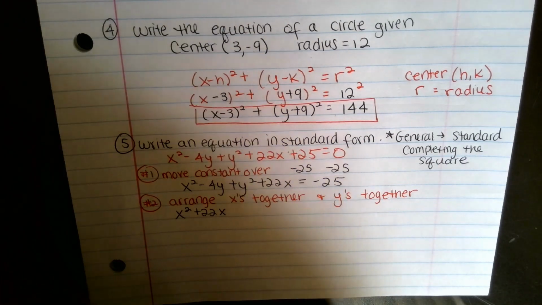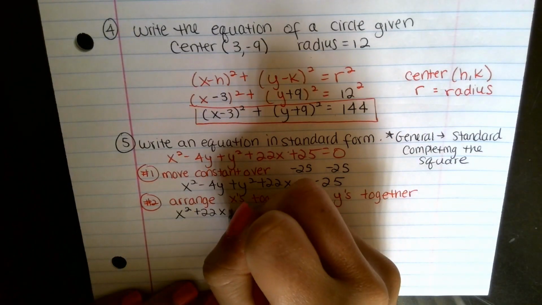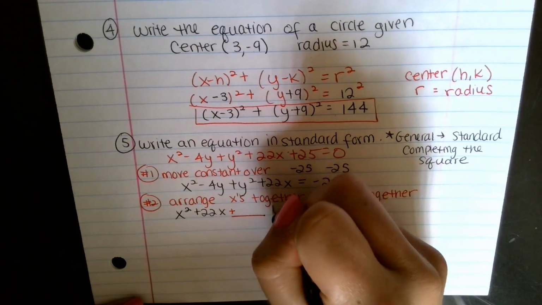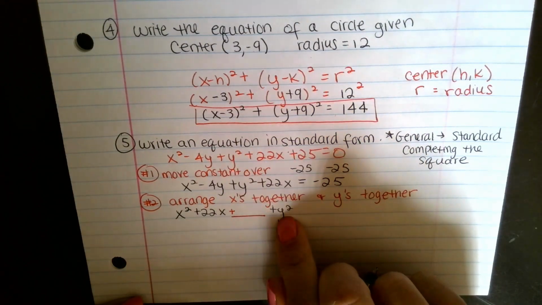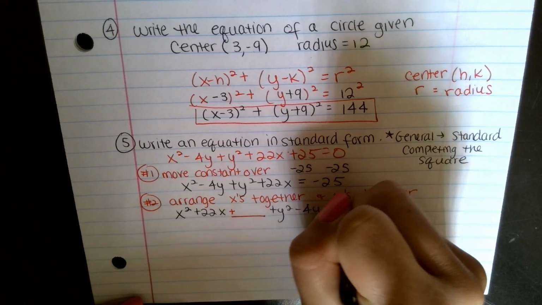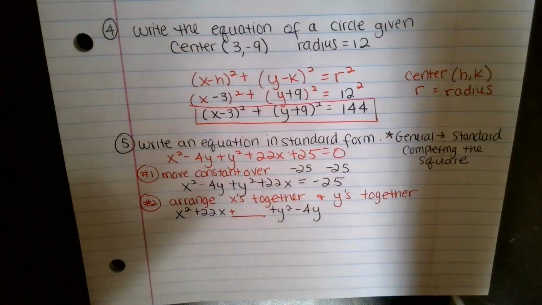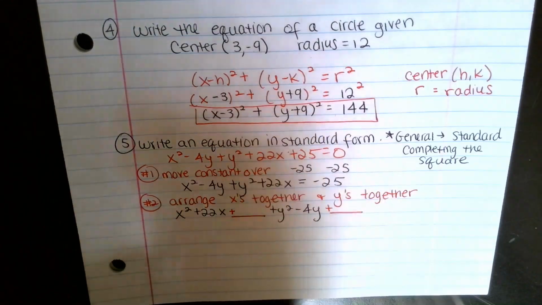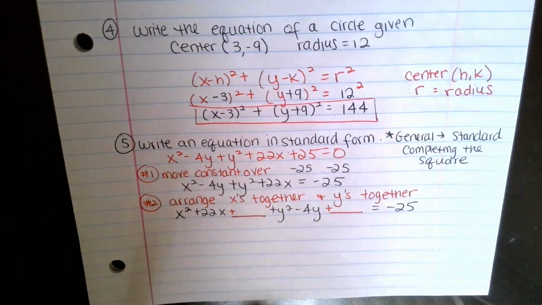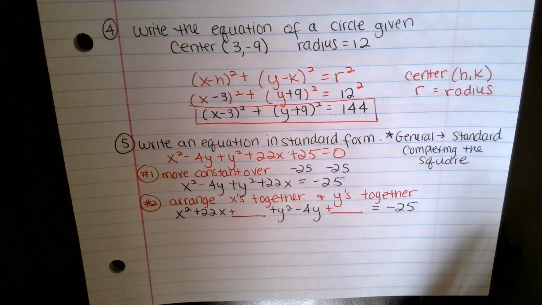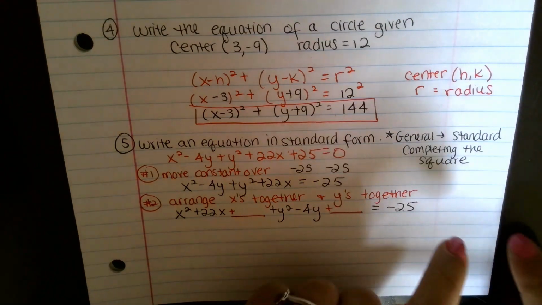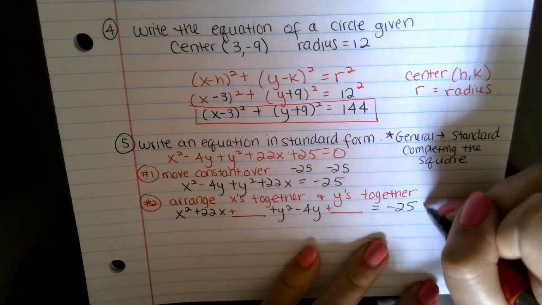And after I arrange the x's together, I have to do plus a blank, and you'll see why. Then I put my y squared first, so it's a positive y squared, so I'll leave it like that. And I have a -4y, so I put it right next to each other. I arrange them, so now I'm going to do plus a blank. Equals -25. Now, remember, the equation is balanced. So since I added 2 plus blanks here, I'm going to add it to the other side of the equation also.